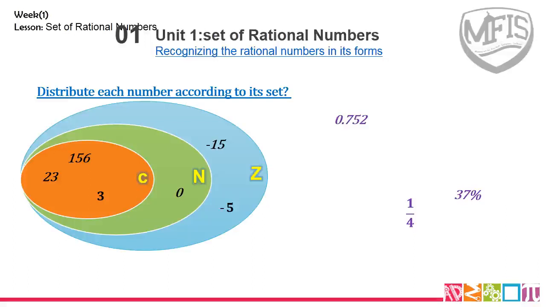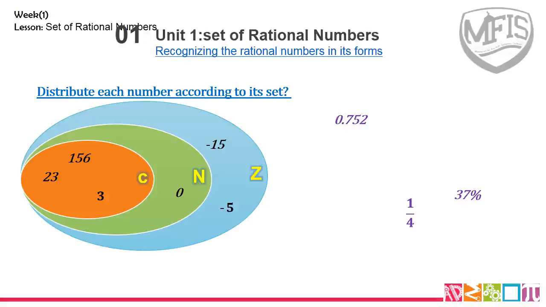What about 37%? No set here can contain this number or this form. And the quarter also, I told you about it before. And here 0.752, the decimal number. No set can contain this number either.